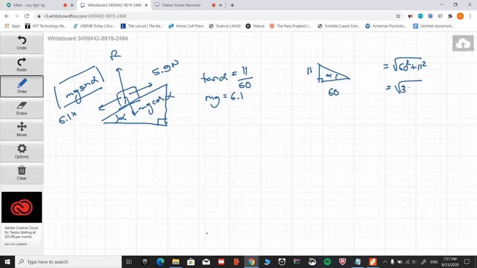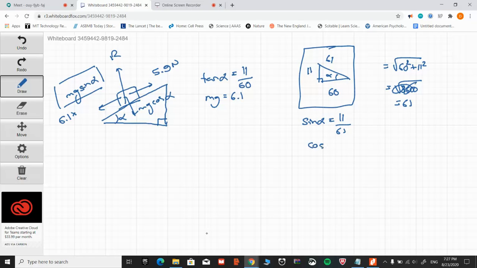What do you get? 61. So that is exactly 61. All right. Now, with this tiny little figure in your rough working, you can straight away say sine alpha is opposite by hypotenuse, that's 11 by 61, and cos alpha is adjacent by hypotenuse, that's 60 by 61.